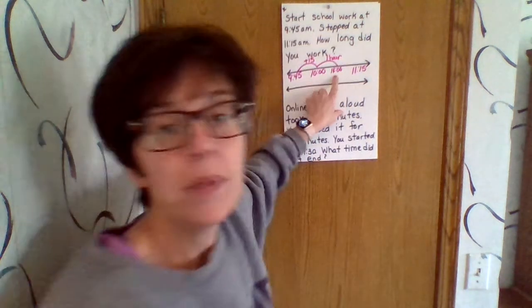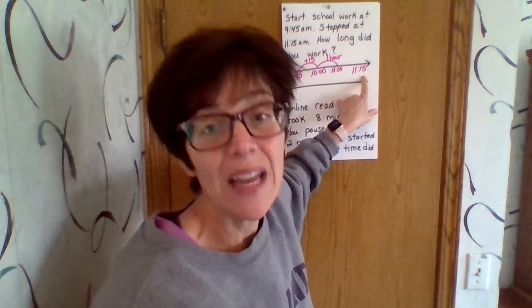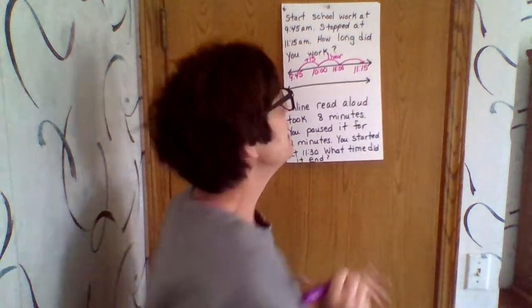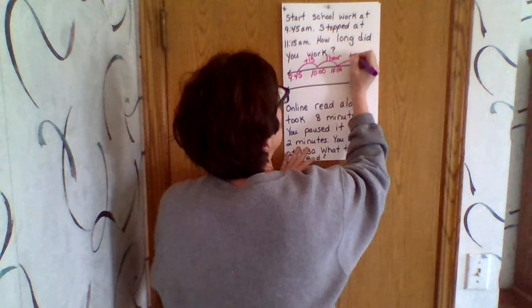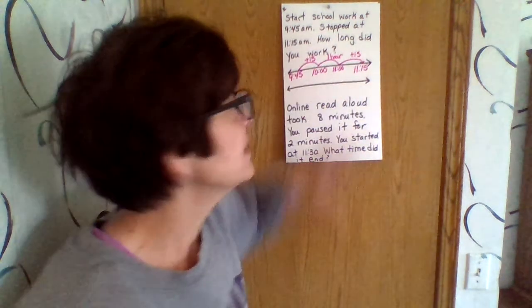All right, so now I'm at 11 o'clock. I need to go from 11 o'clock to 11:15. How many minutes is it to go from 11 to 11:15? 15, correct? All right, so now I've broken this out on my timeline.